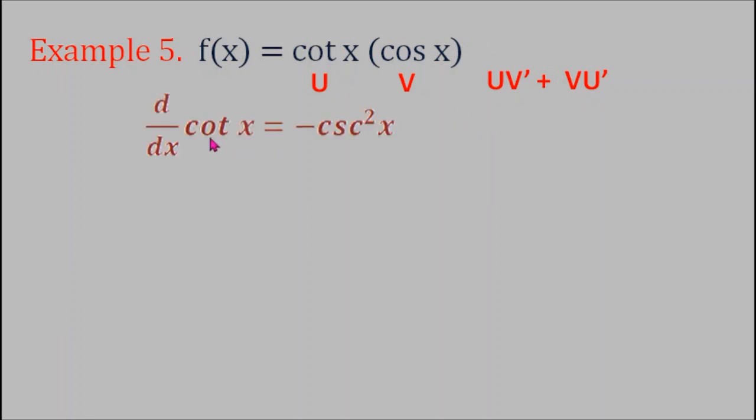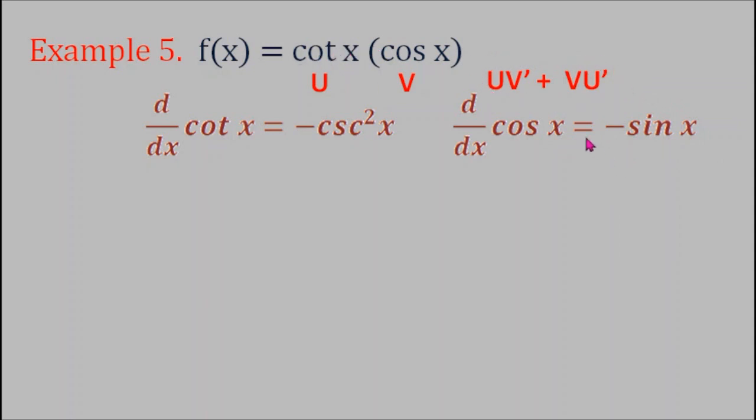So we know that the derivative of cotangent x equals negative cosecant squared x, and the derivative of cosine x is negative sine x. So we are going to follow this formula.